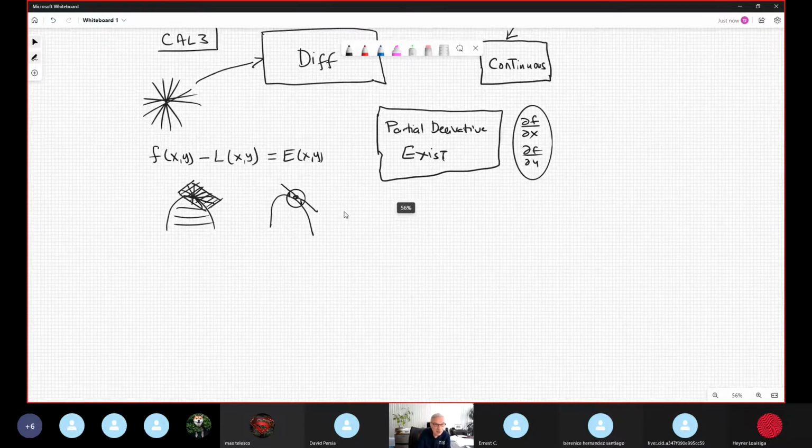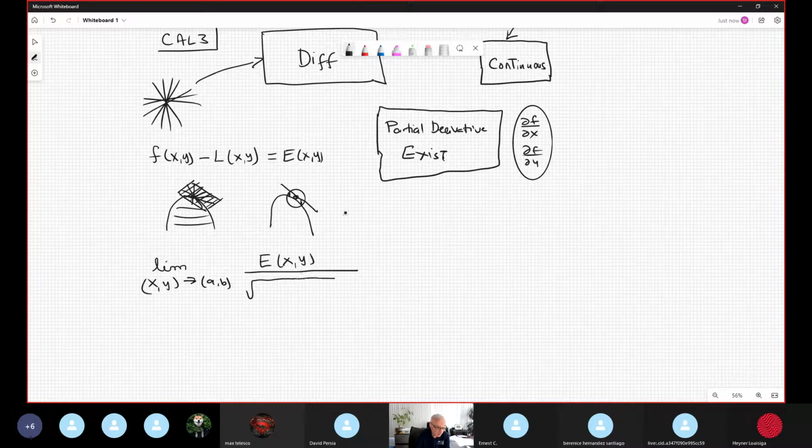This approaches zero. So basically, the criterion of differentiability in multivariable is you apply the limit, always a limit, guys, when x comma y approaches the point a comma b, in xy, of the error. The difference between the function and its linear approximation, the tangent plane, divided by the distance, which is x minus, this is a distance formula.